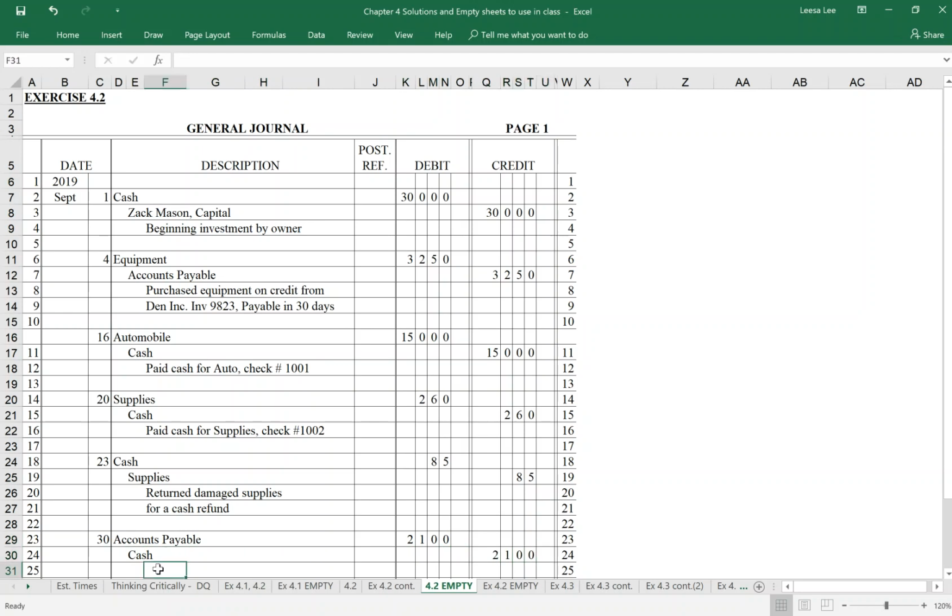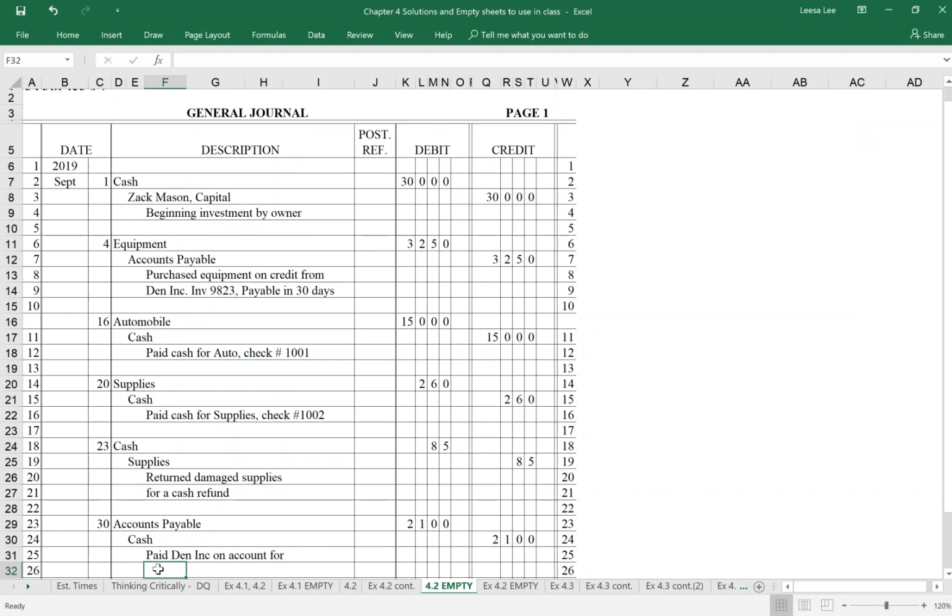And the notation is we paid Dan Inc. on account for invoice number 9823, check number 1003. Okay.